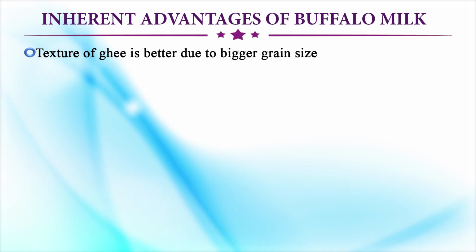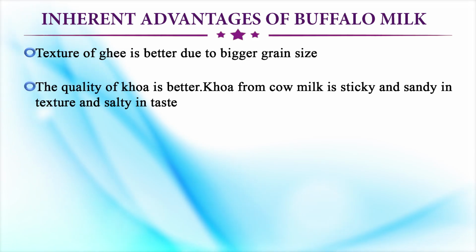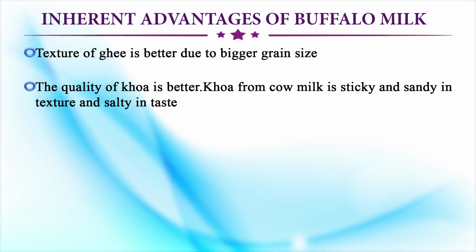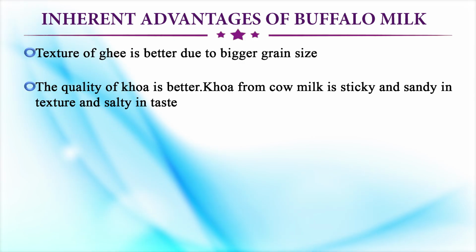Now the other products: the ghee and the texture of ghee is also better, and there are bigger grains. The quality of khoa is better from this, and cow milk khoa is normally sticky, salty in taste and sandy in texture.